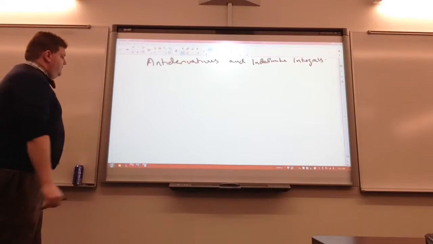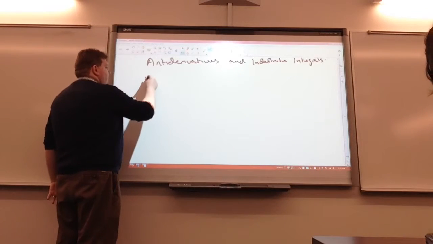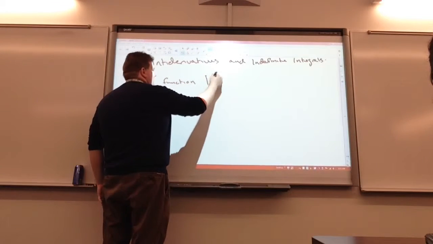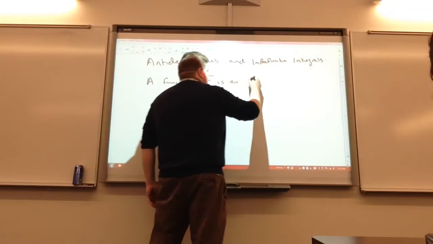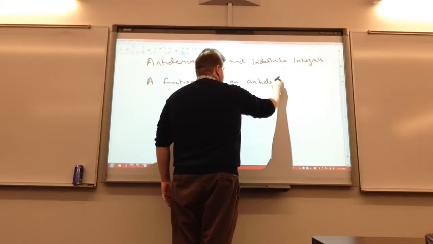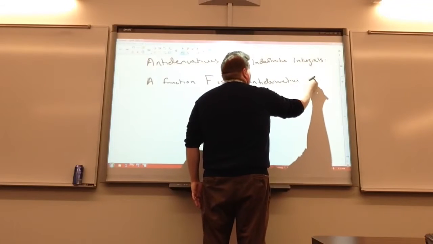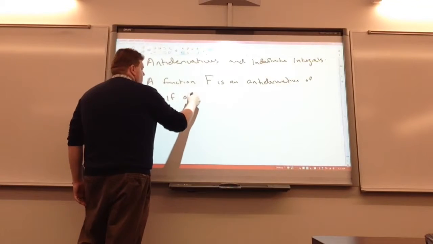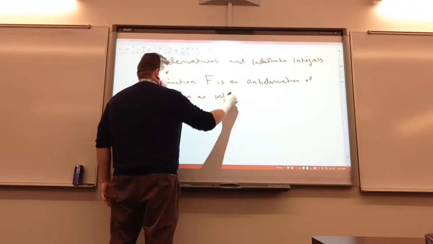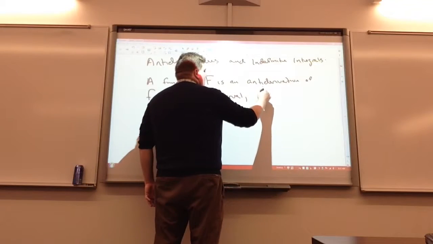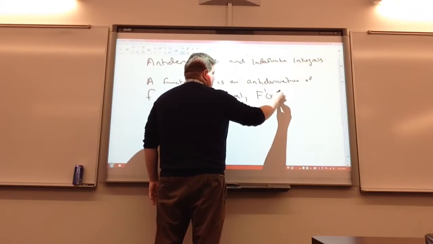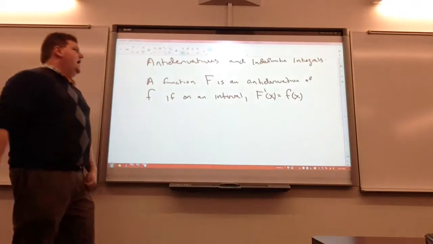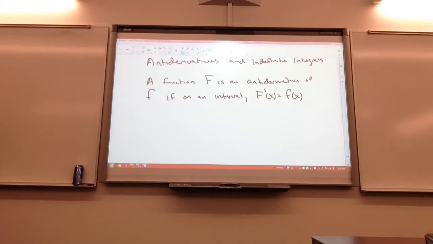A function big F is an antiderivative of little f if on an interval big F prime of x is equal to little f of x. You can use that as your definition of an antiderivative.